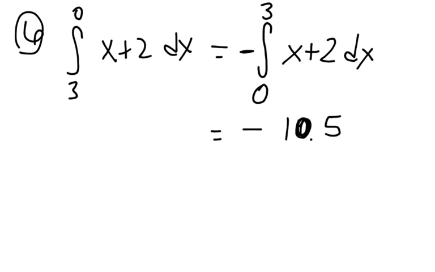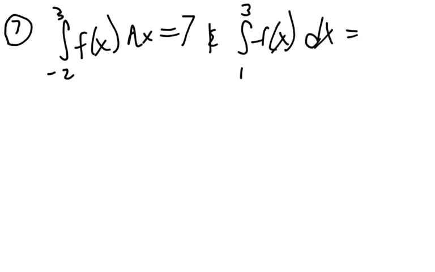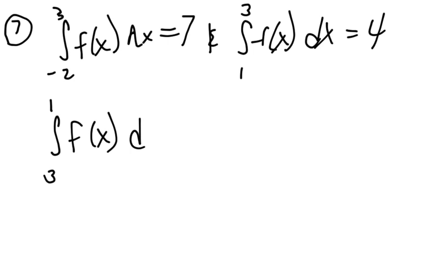Okay, example 7. Let's see, if the integral from -2 to 3 of f of x dx equals 7, and the integral from 1 to 3 of f of x dx equals 4, they ask us to find the integral from 3 to 1 of f of x dx.